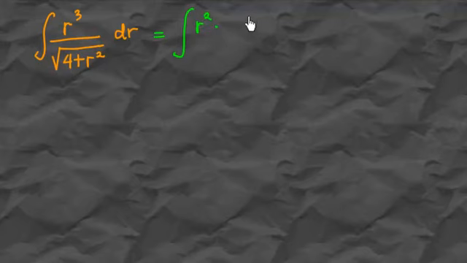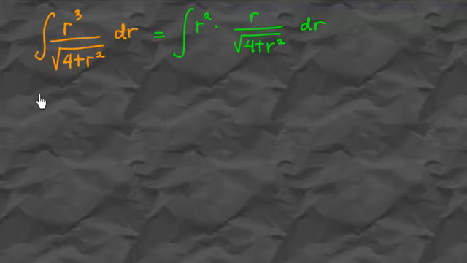In this case, surprisingly, if we do the following, let's split this into r squared times r over square root of 4 plus r squared dr. Okay. So here I claim that if I choose u equals r squared and dv equals the rest, then it will work out.